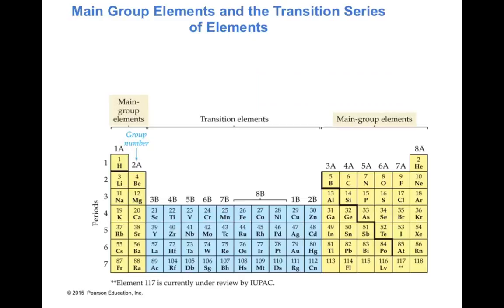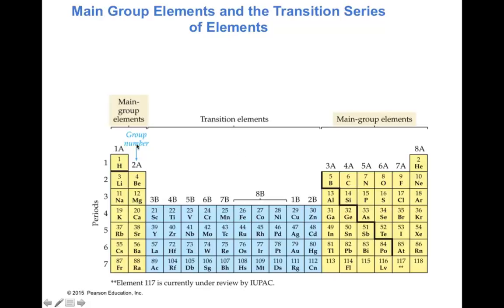The periodic table can be divided into two big groups: the main group elements and the transition series of elements. The main groups are represented here in yellow. Here we have two main groups, and here we have six main groups. Each group has an assigned number, group 1, group 2, group 3, but also a letter.